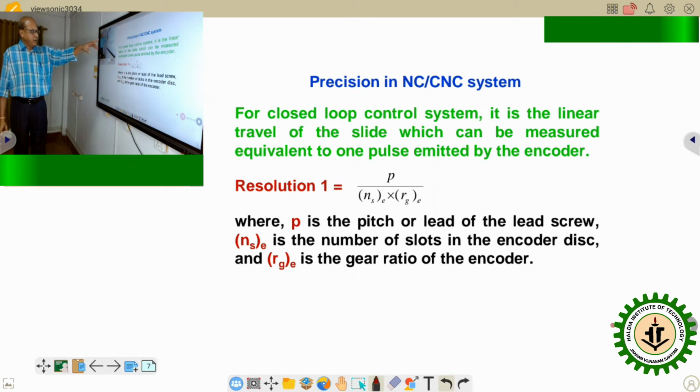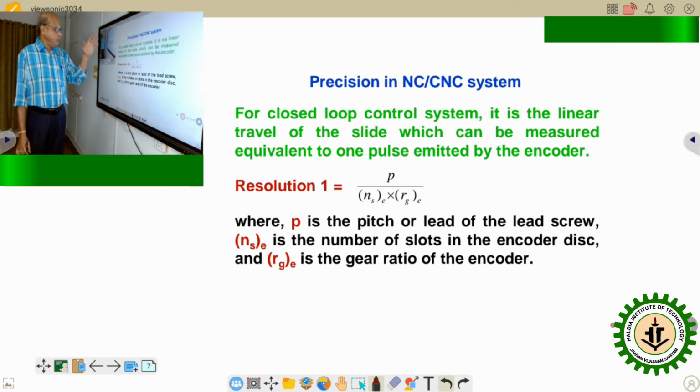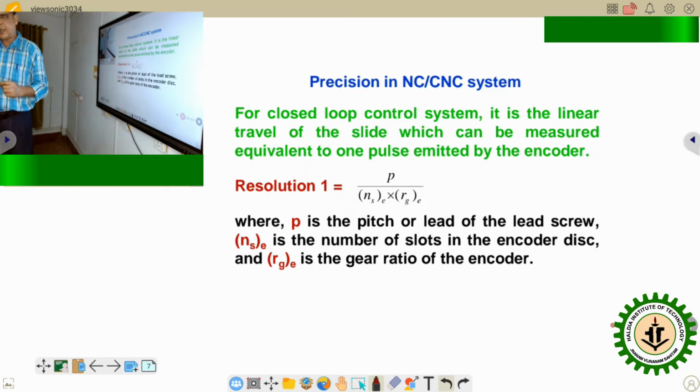Now for closed loop control system, we have to extend the logic, but in a different way. Because if you can recall the arrangement of the closed loop control system, the stepper motor is replaced by the servo motor. And in case of servo motor, it requires continuous analog voltage.